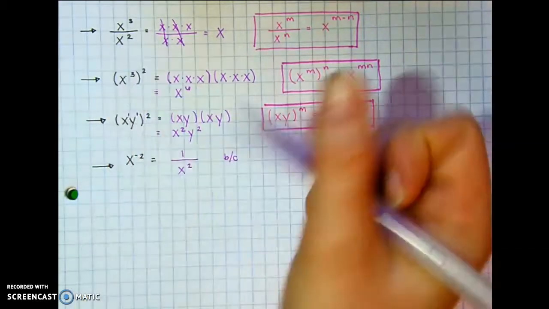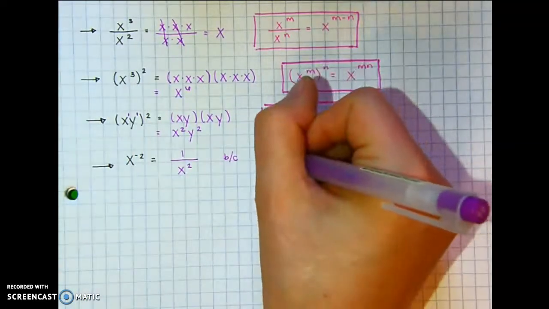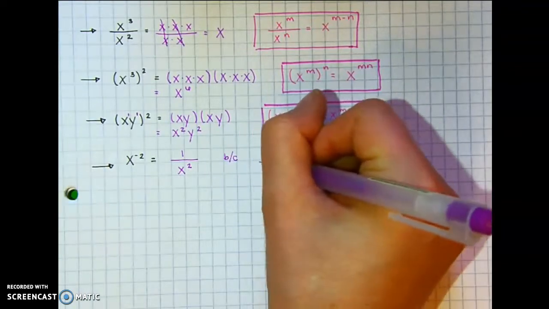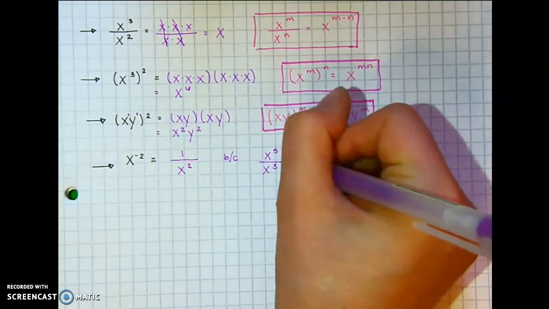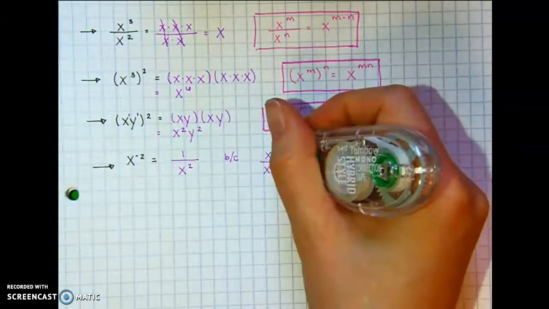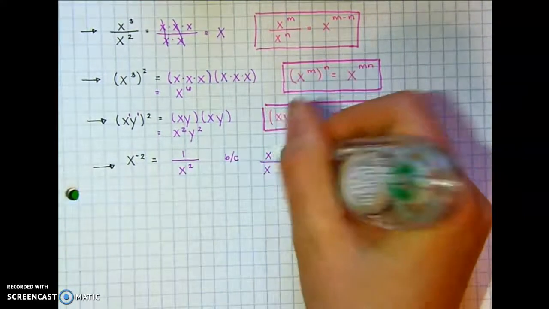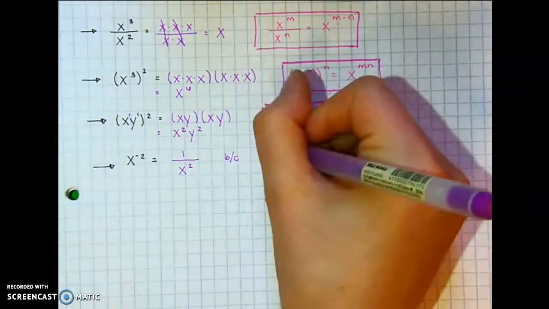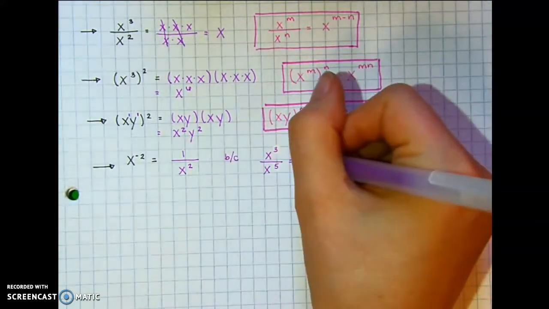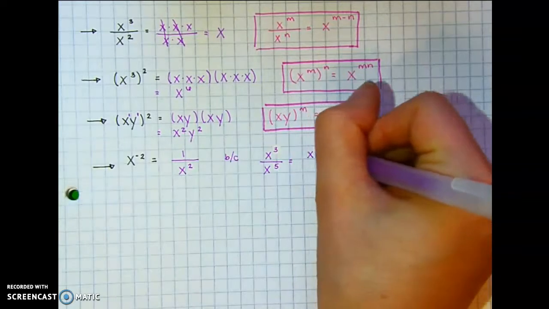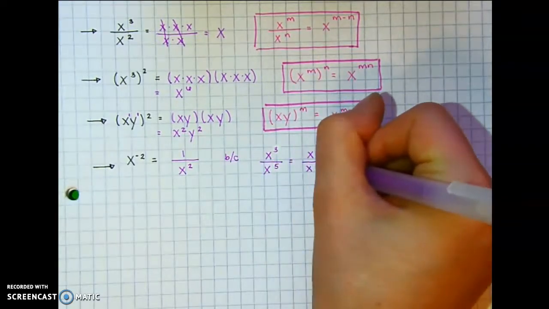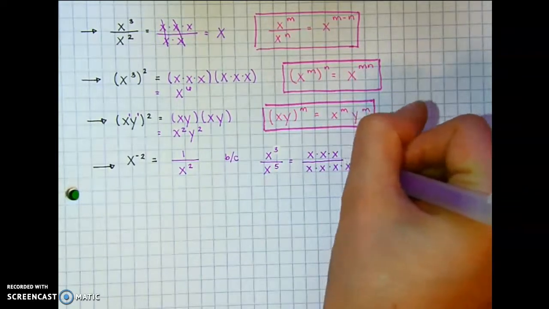So let's pretend that you had like x to the third over x to the fifth, cubed in the numerator, fifth in the denominator. You could think of this as x times x times x over x times x times x times x times x.